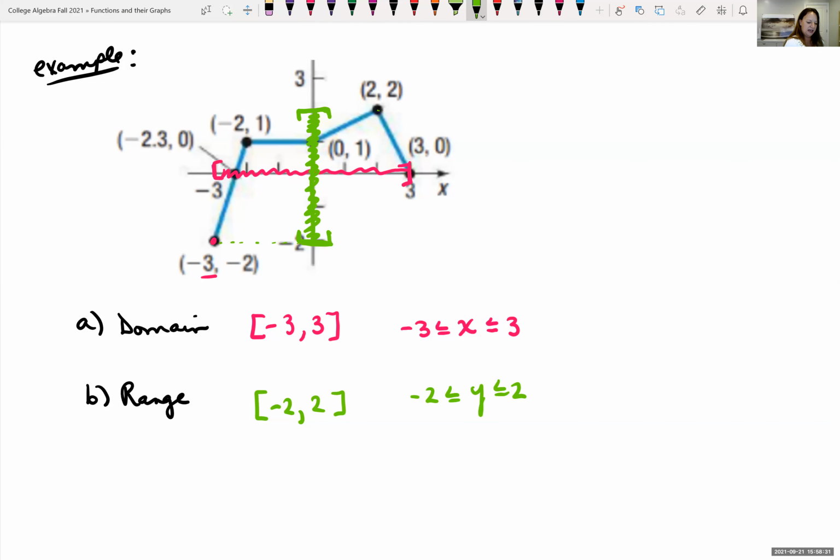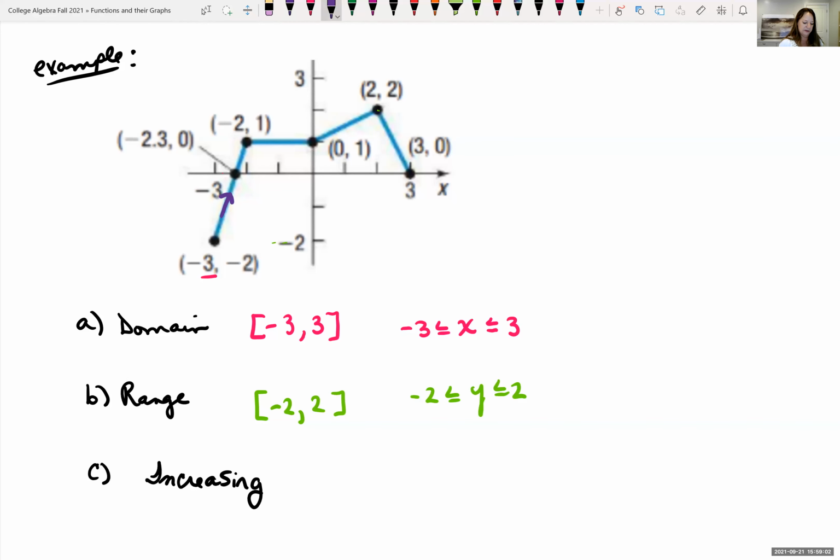So now we want to look at where this is increasing, decreasing, and constant. When we're looking at interval notation, we're always looking at our x values except for range. So if I'm looking at where this is increasing, I'm looking at all the x values where this is increasing. Thinking of it moving left to right, I'm going up here.